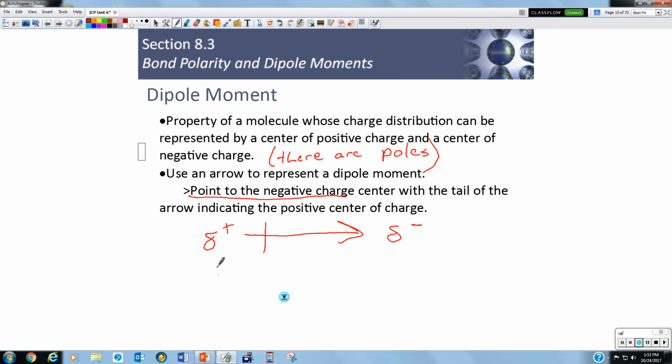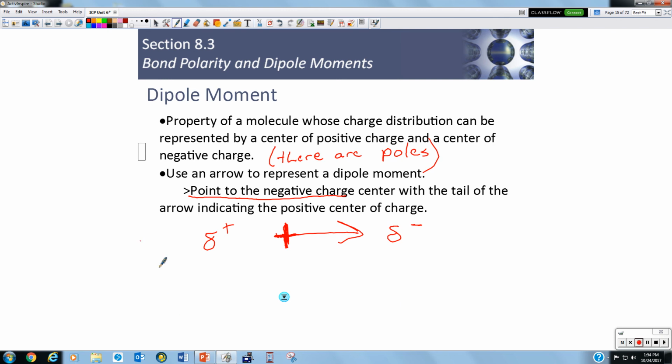And if it helps, on the arrow, the positive side is the one that's always going to have the hash mark. So the back side of it looks like a plus side. That's a better way to show it.